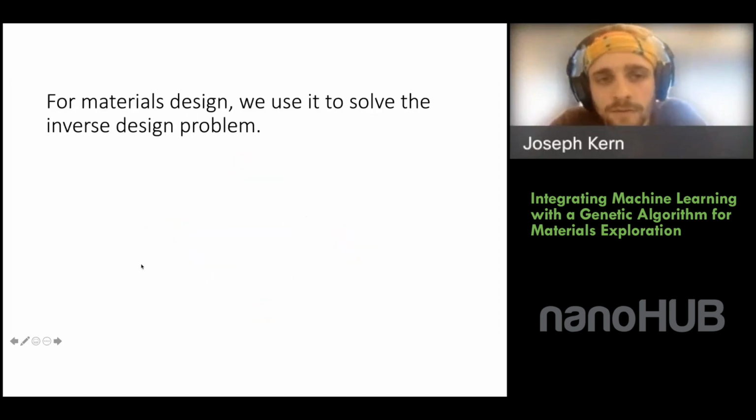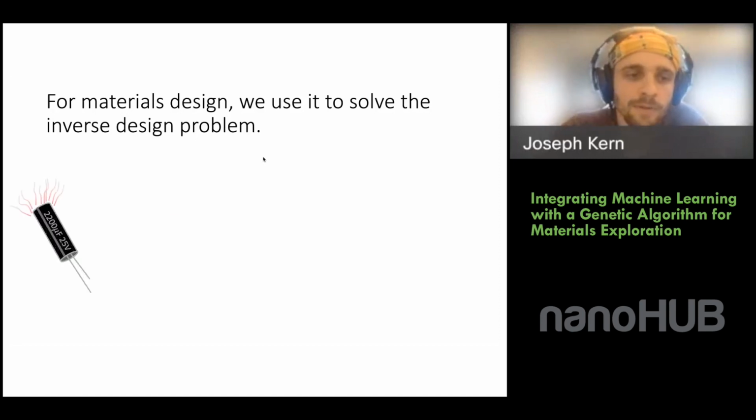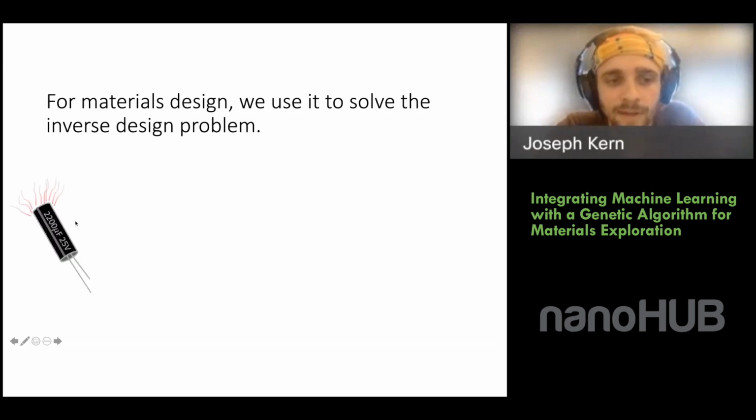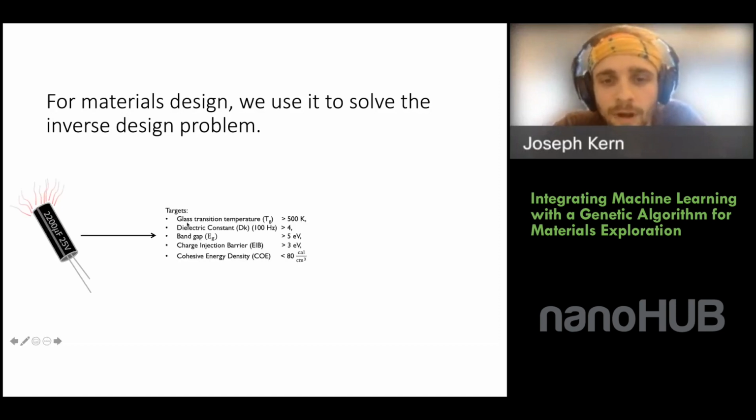So in terms of materials design, we use it to solve the inverse problem. The forward problem is we have a material, we want to predict its properties. The inverse problem is we have some properties and we want to design a material based on those properties. So for polymers, we might have something like a high temperature dielectric that can withstand high temperatures, above 250 degrees Celsius. We need some sort of property goals, right?